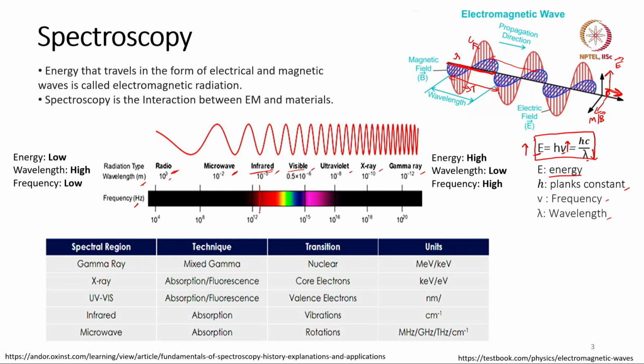The visible region is the only region of the electromagnetic spectrum that we can visually see. Infrared is called infrared because it is just beyond the red region, and we have the ultraviolet because it is just beyond the violet color.